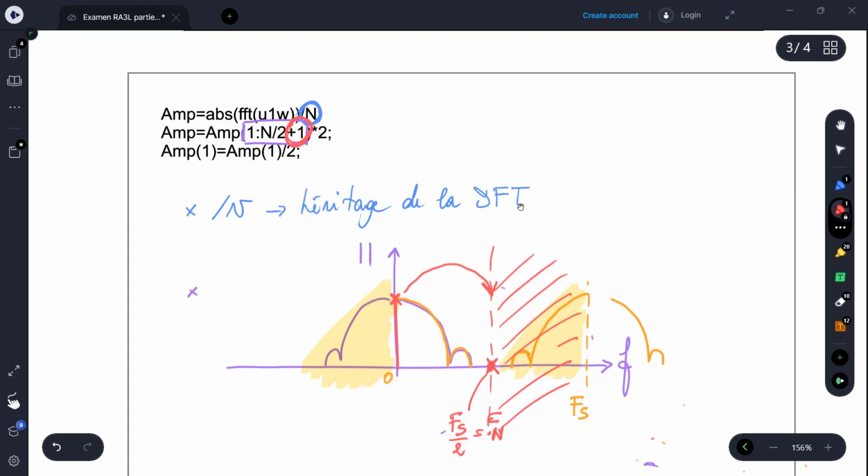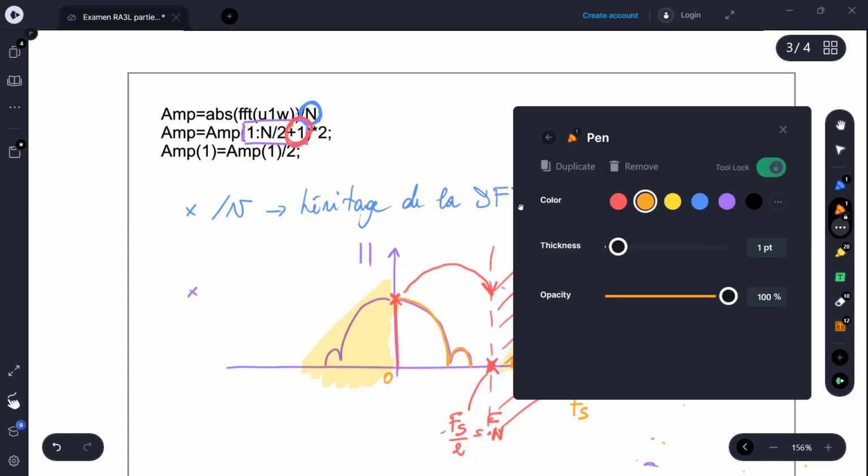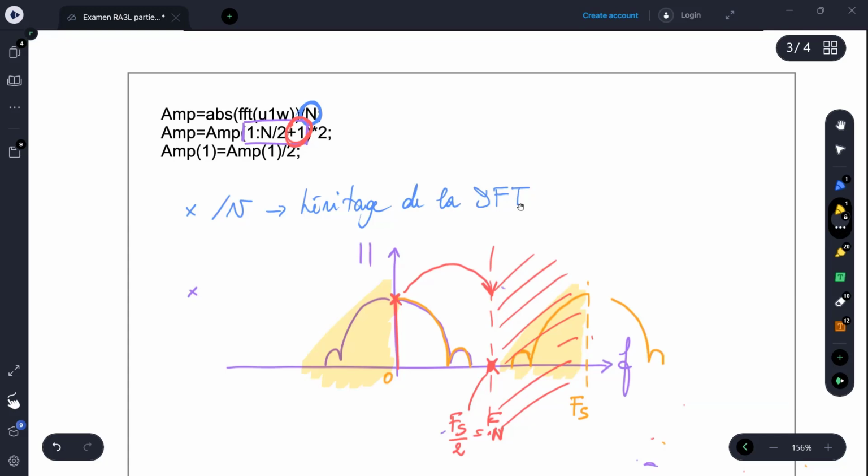Alors, le point suivant, ça va être de se dire, tiens, en fin de compte, pourquoi est-ce qu'on vient multiplier l'amplitude ici par 2? On a déjà répondu à cette question. En réalité, vous savez qu'on va se retrouver avec des fréquences positives et des fréquences négatives pour nos sinusoïdes. Et l'algorithme FFT, quand on a une sinusoïde à, par exemple, 50 Hz, il va nous mettre la moitié de l'amplitude à 50 Hz et la moitié de l'amplitude à moins 50 Hz.